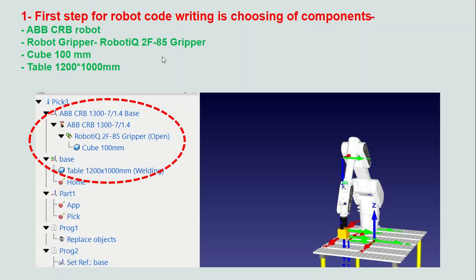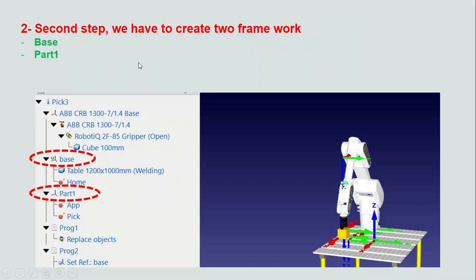As you can see in this picture, I highlighted the ABB robot, the gripper, the cube, and the table. This is the first step. All of the components we should put in the RoboDK environment.